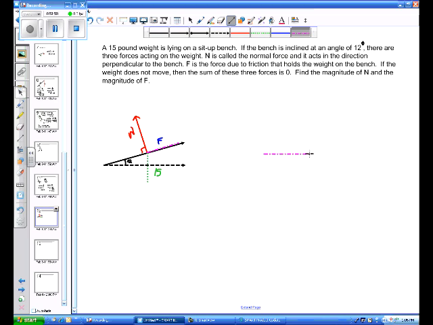It's holding it in place. We're going to let that be perpendicular. The norm is perpendicular to the friction. And then the weight would be the sum of those.